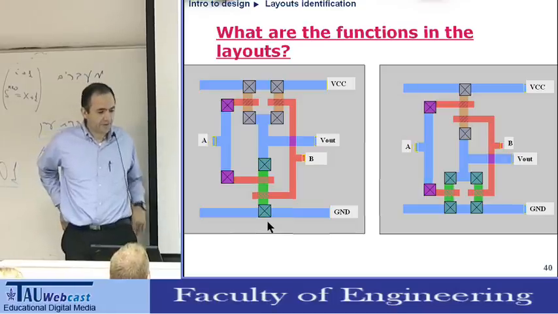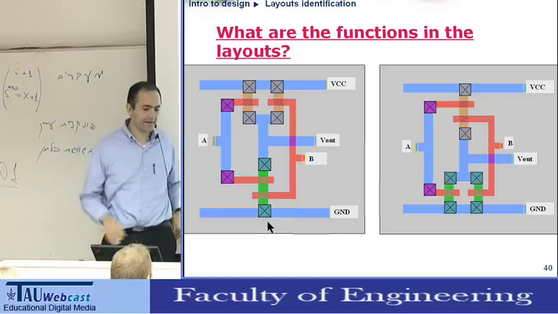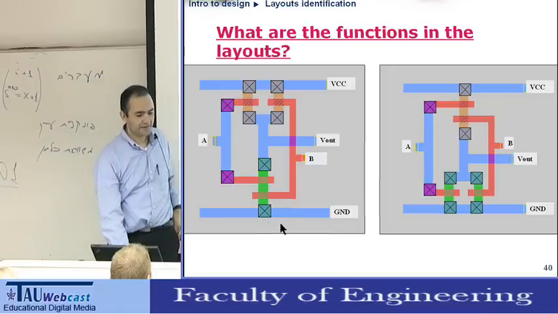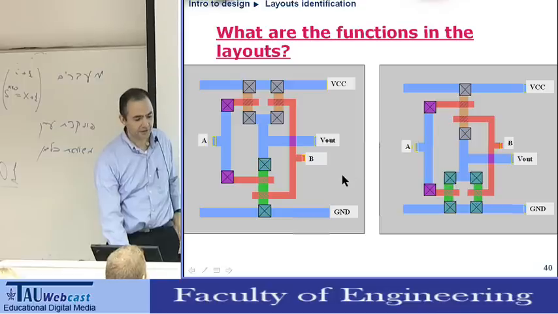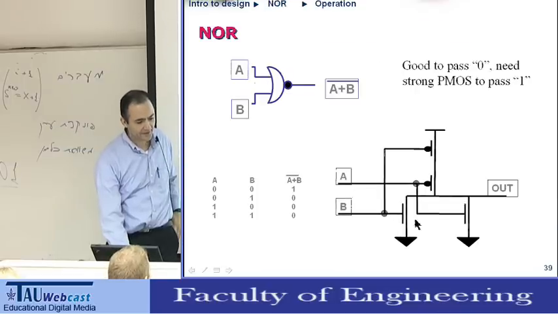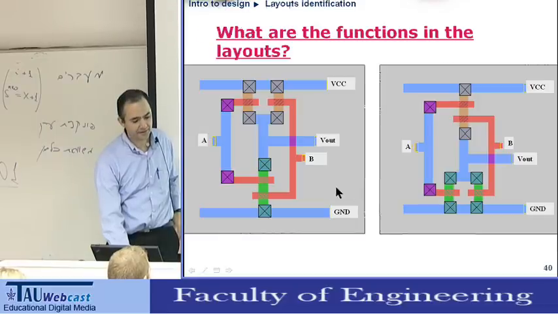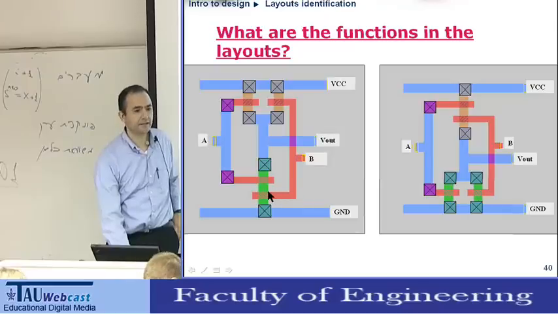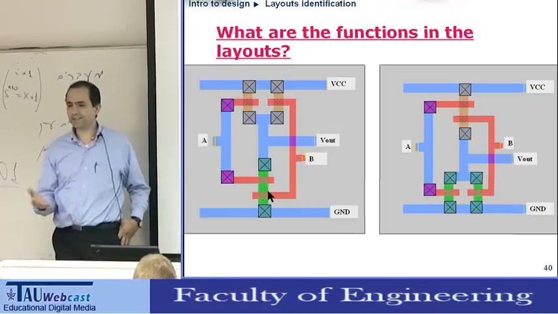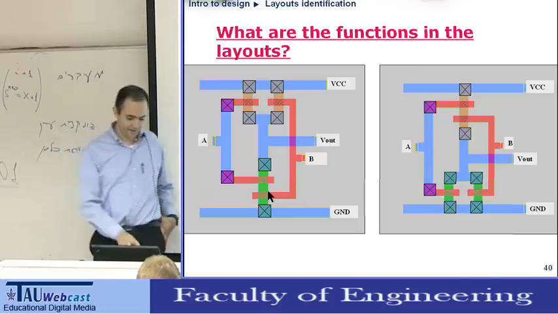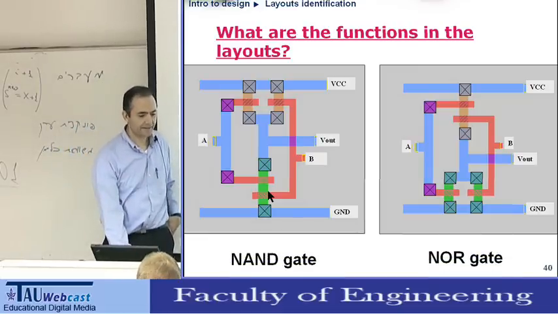You can see that the N channels are in series and the P channels are in parallel, and here it's the opposite, right? So one would be the opposite of the other, and instead of guessing, we will see that NOR has the N channel transistors in parallel. So this is NOR and this is NAND, and you were right. Okay, so looking at the layout will help you understand what we are dealing with. Okay, NAND and NOR.